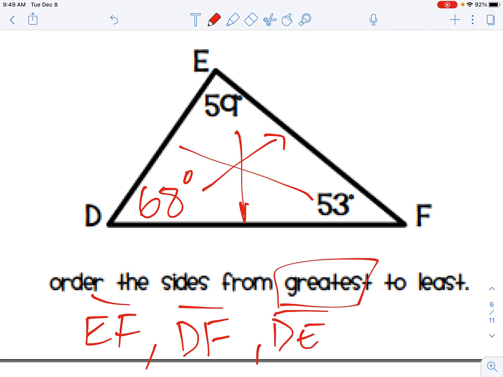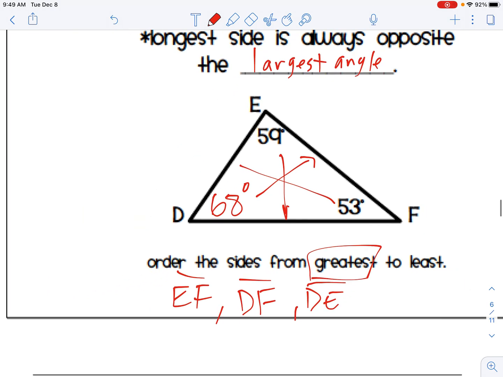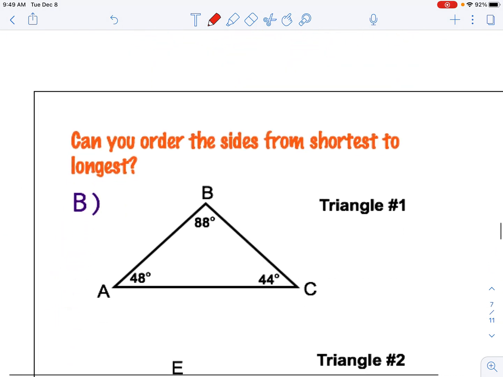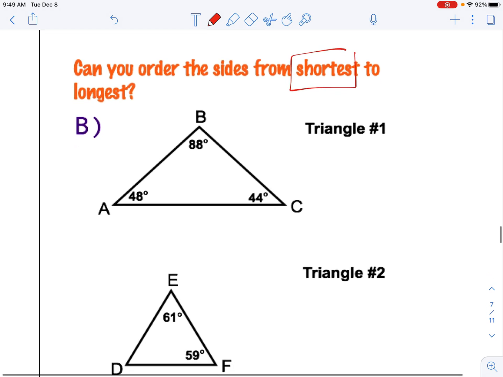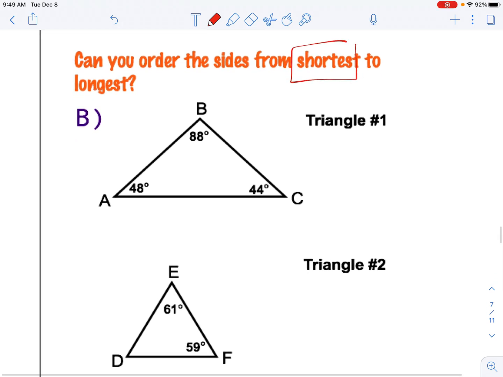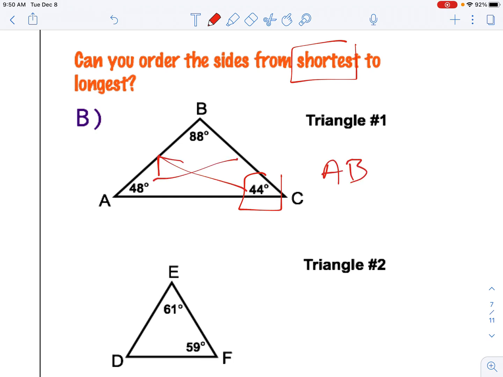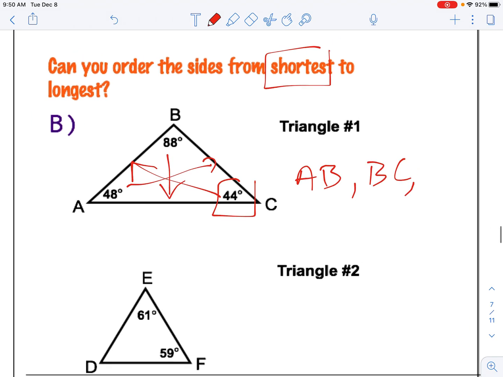Okay, so just read those directions, be mindful of those directions. Can you order the sides from longest to shortest? Now start with smallest to longest, shortest to longest, all right? Go ahead, pause the video, try it out. Shortest, medium, longest.